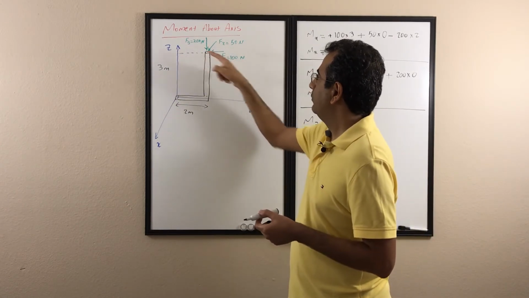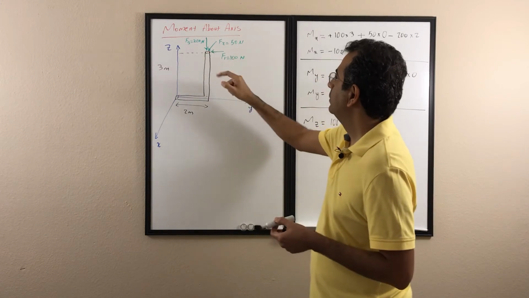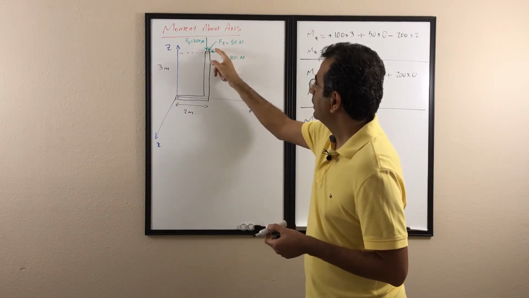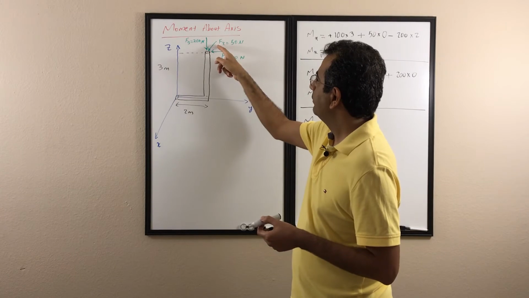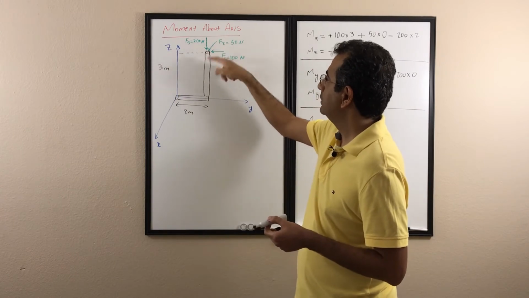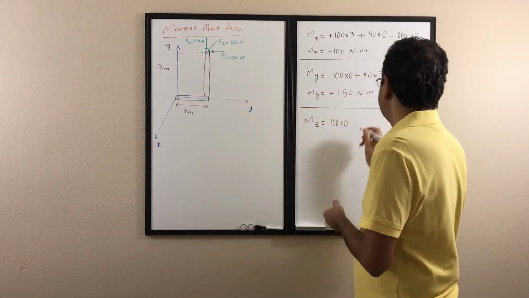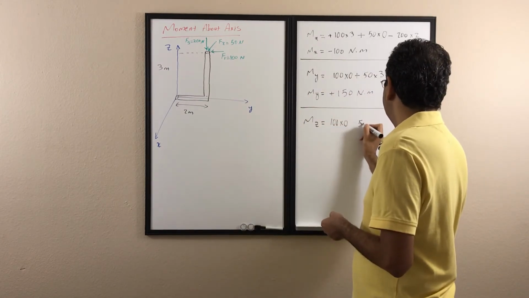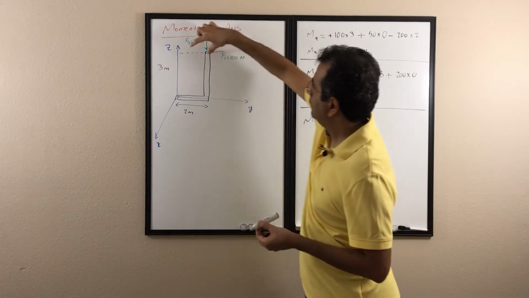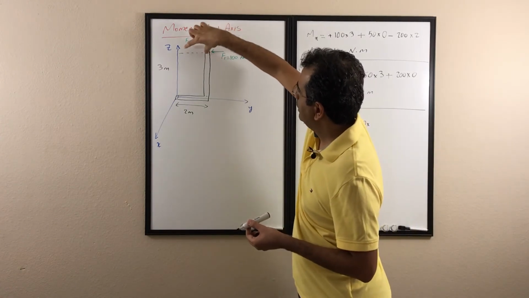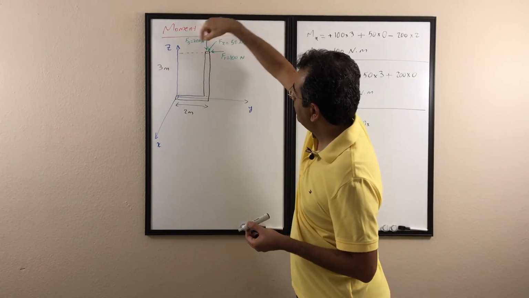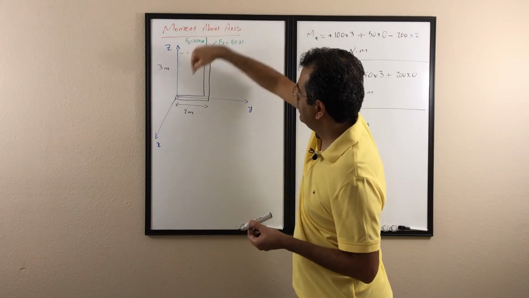F2, if you look at the F2, it creates a rotation around the z. The magnitude is 50, and the normal distance between F2 and z is 2.